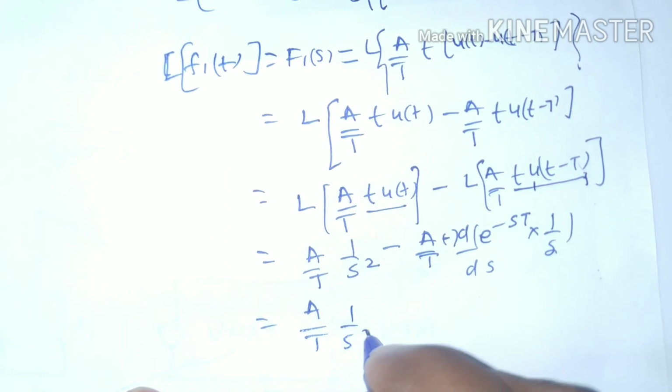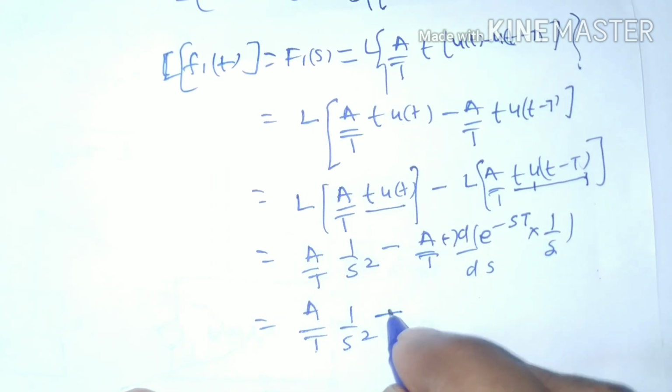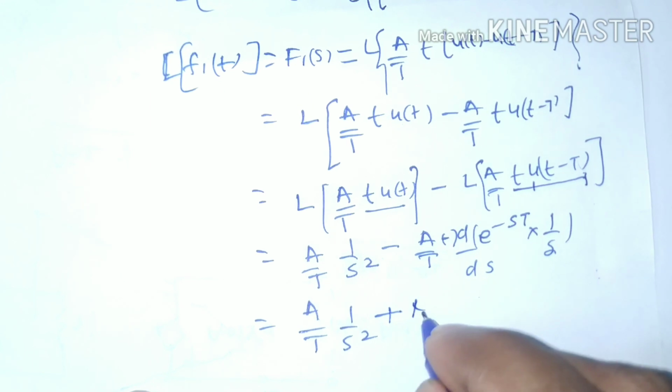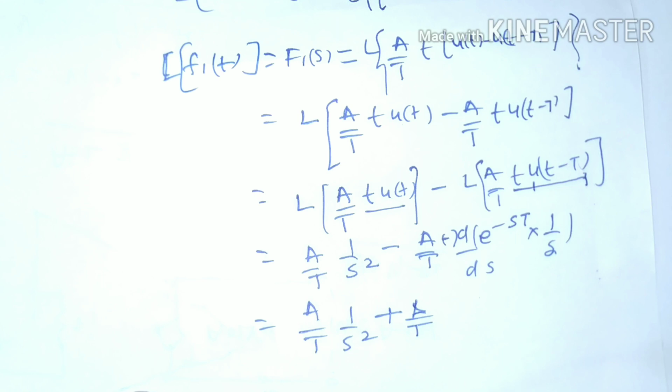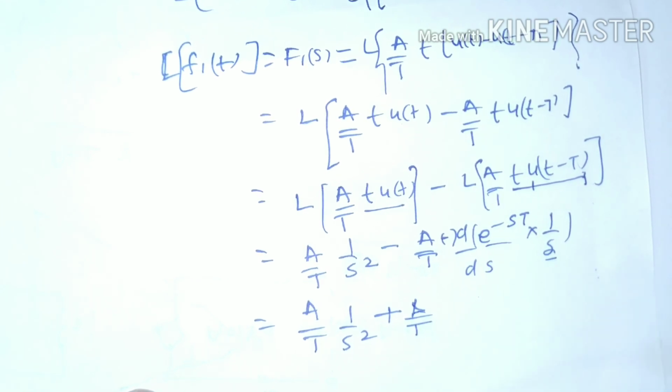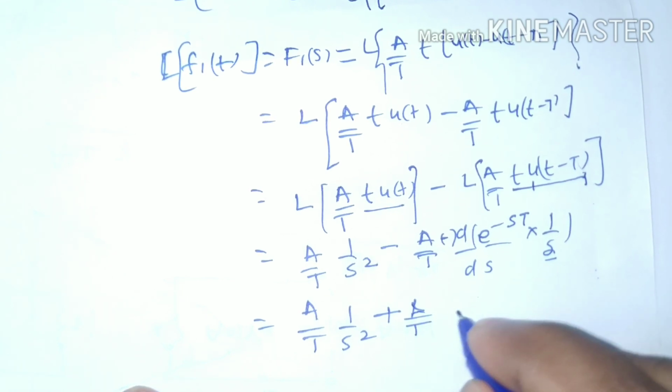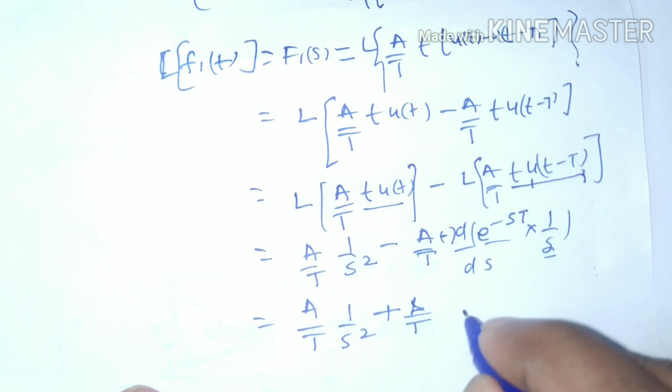A by T times 1 by s square, minus minus, plus A by T, it is a constant, and d by ds of this term. Here s is present in both, so it is differentiation of two functions. How can we differentiate this term?